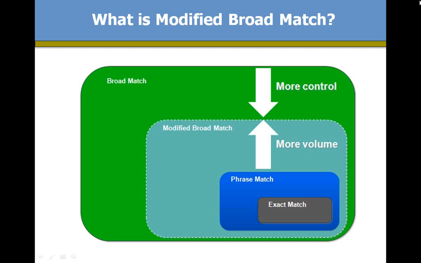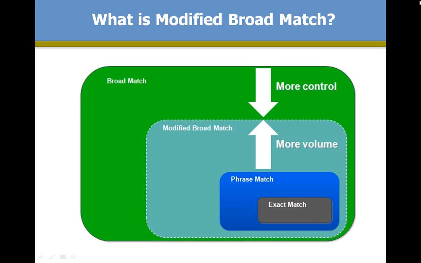The new modified broad match uses a modifier, a plus sign, in front of the words within the broad match keywords that you want to trigger close variations of that word. It can be used to drive more relevant traffic and conversions and simplify your negative keyword creation.